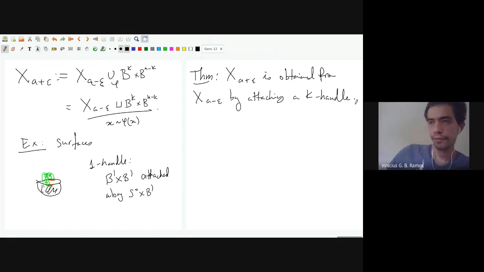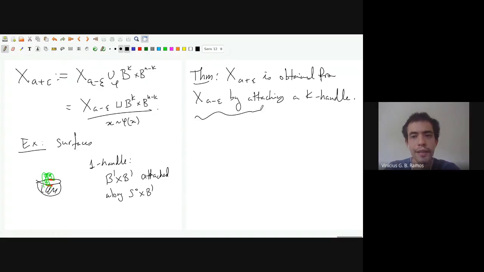Okay, and the first one to attach is always a zero handle, which is a ball. And then the last one to attach is also a ball, which is an n handle, but it's a ball that's glued along its boundary. So a zero handle is a ball that's glued to nothing, and an n handle is a ball that's glued along its boundary. Okay, so that's the general procedure. Let me just emphasize this.